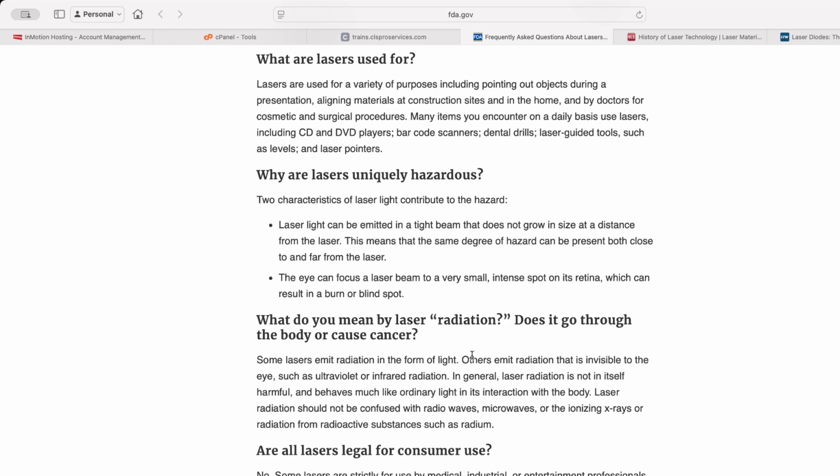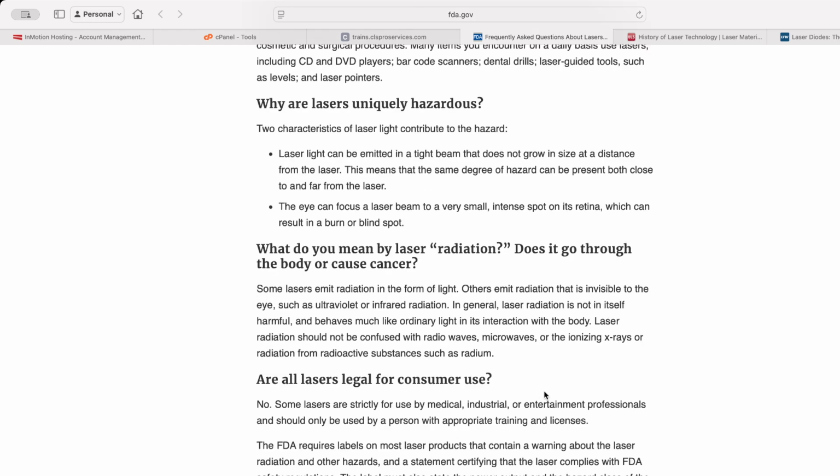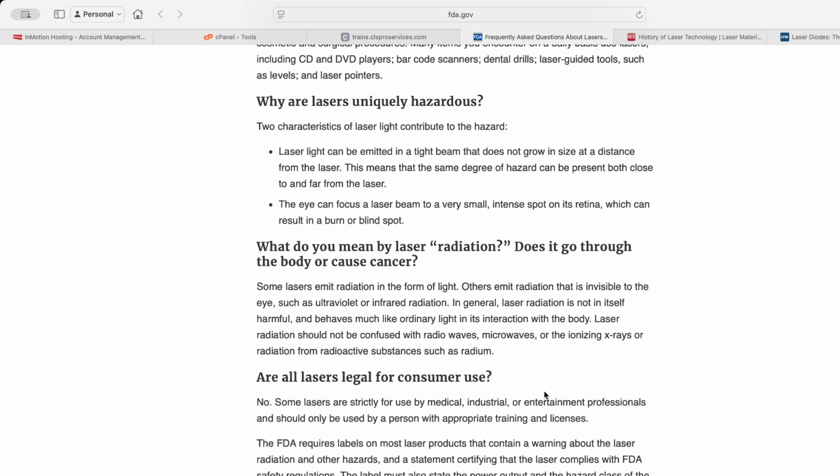And then they talk about the radiation too. This radiation, which is what the light is, it's radiation, but it's not in any way hazardous to humans. There's no danger of being near a laser for getting radiation or anything like that.